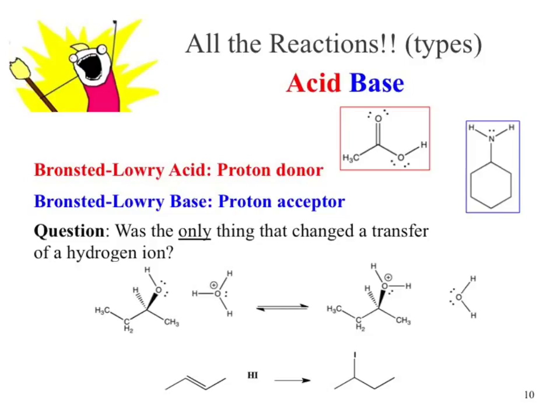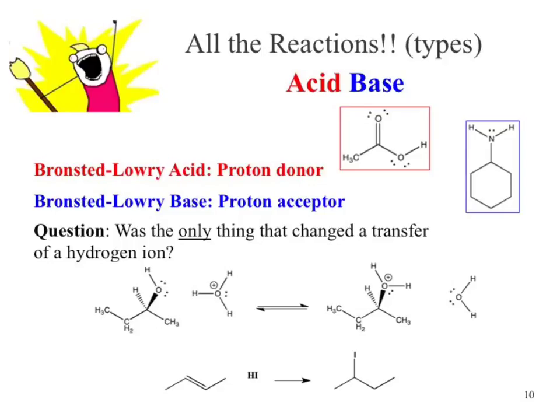When we're looking at acid-base reactions, the only thing that's happening in an acid-base reaction is the transfer of a hydrogen ion. So if we look at these two reactions, top and bottom, which one is the acid-base reaction? Remember, the only thing that changes is the transfer of a hydrogen ion.